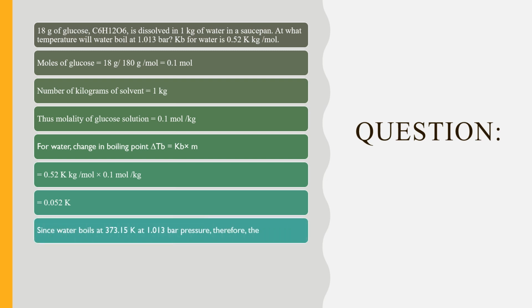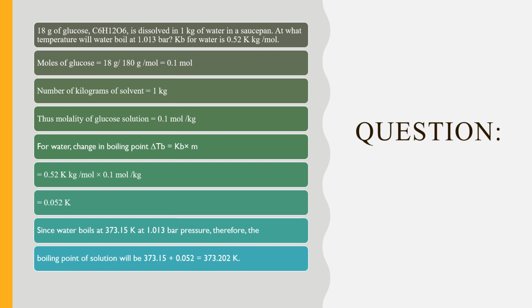Since water boils at 373.15 Kelvin at 1 atmospheric pressure, it means 1.013 bar pressure, therefore the boiling point of the solution will be, एडिशन कर देंगे दोनों का, मीन्स जिस टेम्परेचर पे वाटर बॉईल हो रहा था प्लस जो हमने डिफरेंस फाइंड आउट किया था, तो हमें तो केवल सॉल्यूशन का टेम्परेचर निकालना है, मीन्स हमें किसकी वैल्यू फाइंड आउट करनी है, डेल्टा टीबी की.